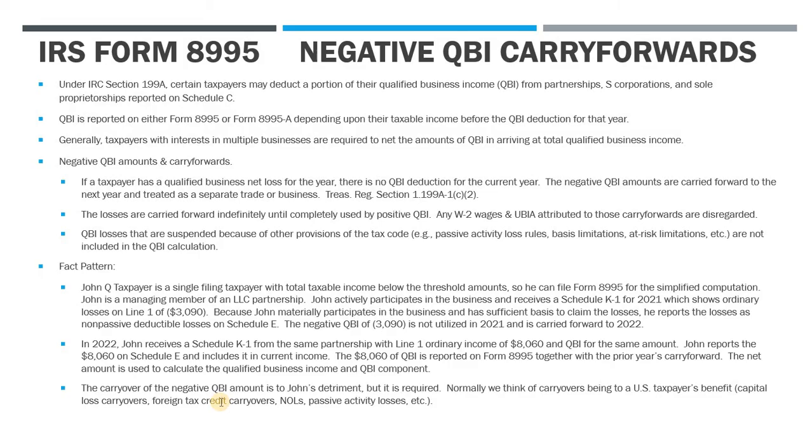Normally when we think of carryovers like capital loss carryovers, foreign tax credit carryovers, and NOLs, these are all good things in that we want to be tracking them and rolling them forward because they're going to lower our taxable income in the future. With the 199A negative QBI carryovers, it's not good. But again, it's required under the rules, so we have to make sure that we are capturing these things and rolling them forward until they're completely exhausted.